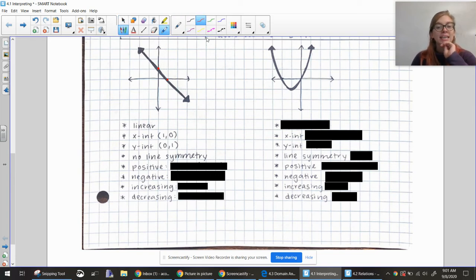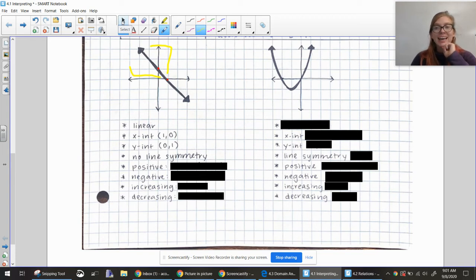Next, we're going to be tracking to see where the graph is positive and where the graph is negative. So positive means above the x-axis. The graph appears to be positive from here on, so all of this section is above the x-axis. So this is where the graph is positive.